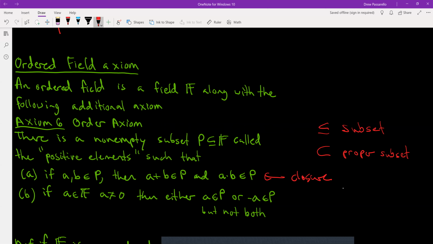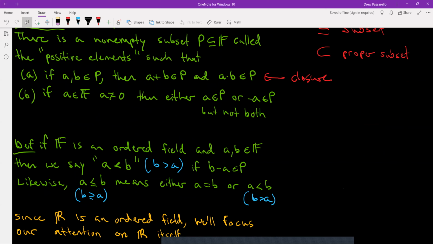And then the second part for axiom 6 is that if A is in F and A is not 0, then either A is in P or negative A is in P, but not both. And this set P is called the positive elements.